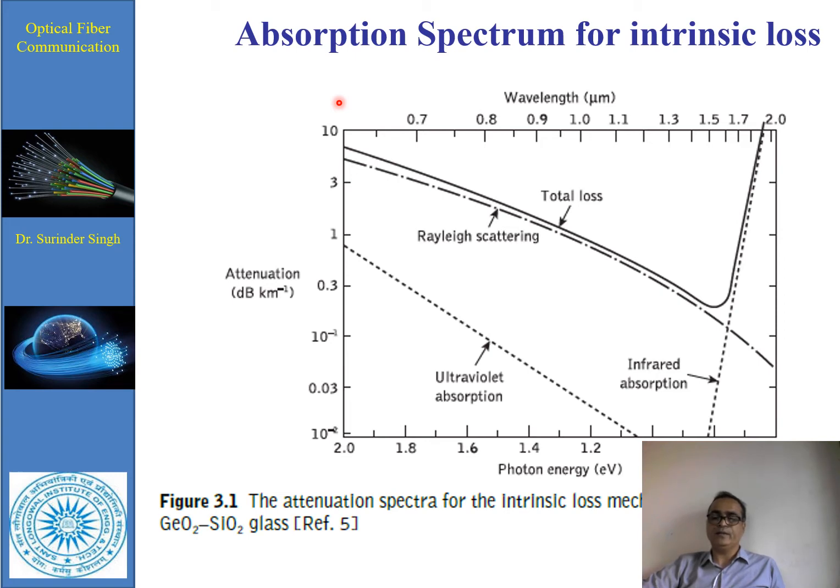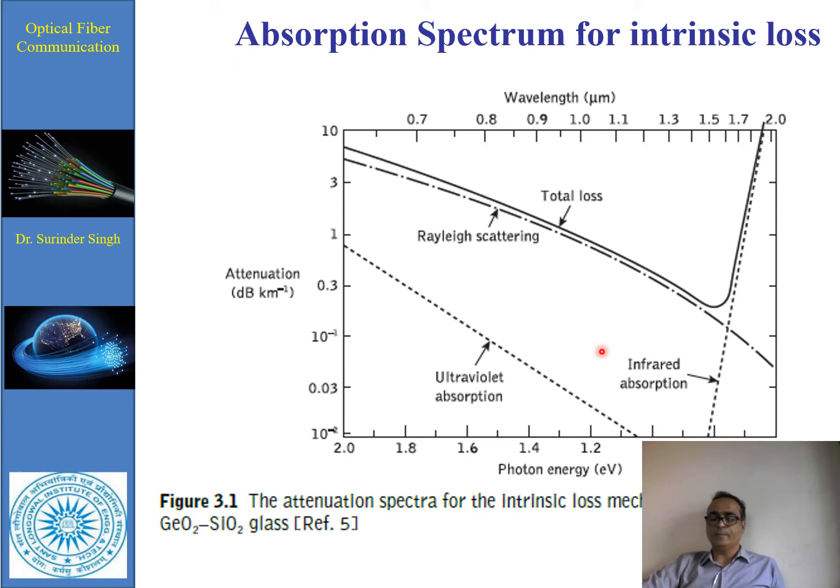At 850 nanometer, the absorption is around 1.5 dB per kilometer, whereas for 1500 nanometer, the absorption observed is less than 0.5 dB per kilometer. Absorption is also caused by atomic defects in the glass composition.